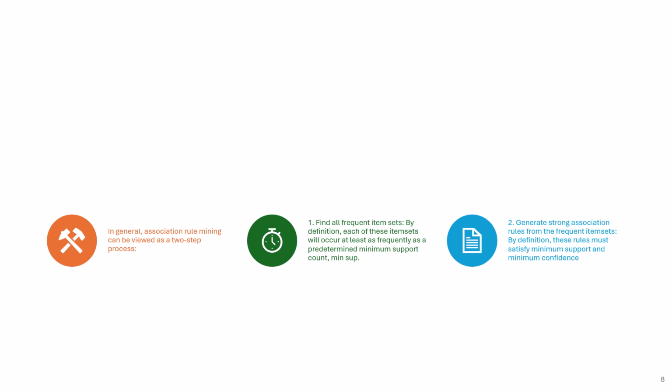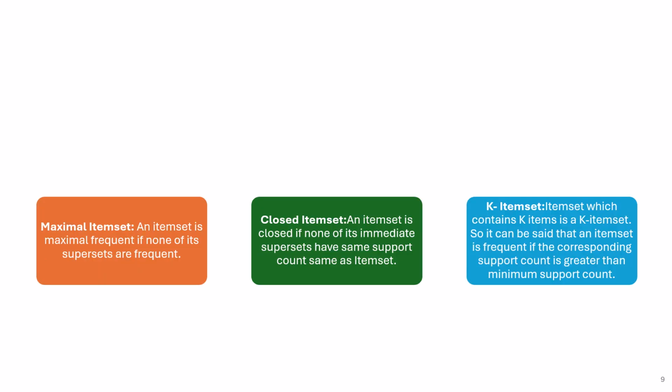Number one, find all frequent item sets. By definition, each of these item sets will occur at least as frequently as a predetermined minimum support count, min sup. Second, generate strong association rules from the frequent item sets. By definition, these rules must satisfy minimum support and minimum confidence.